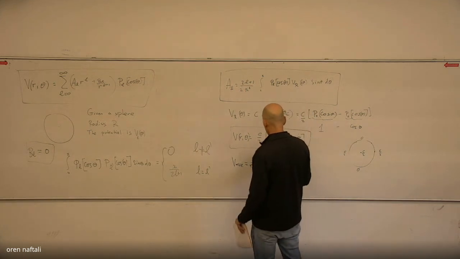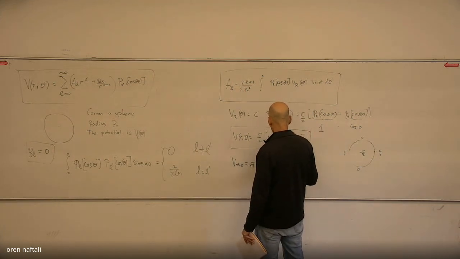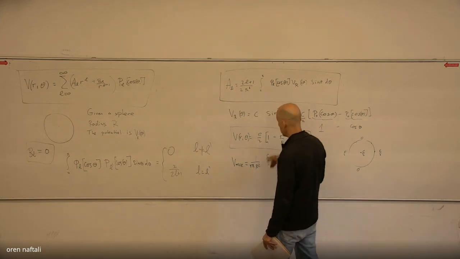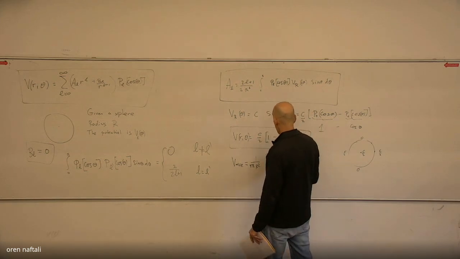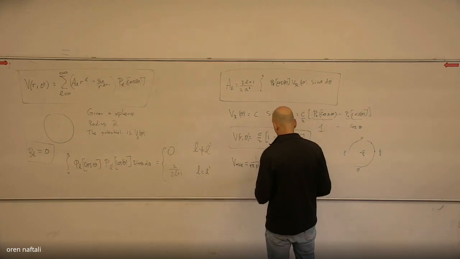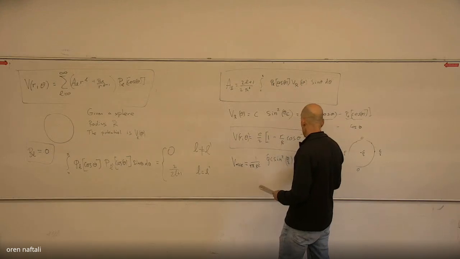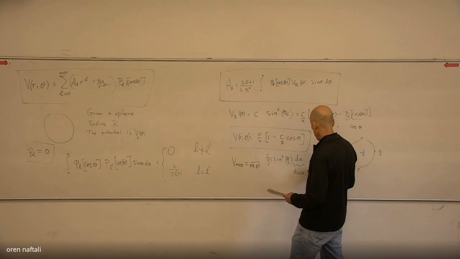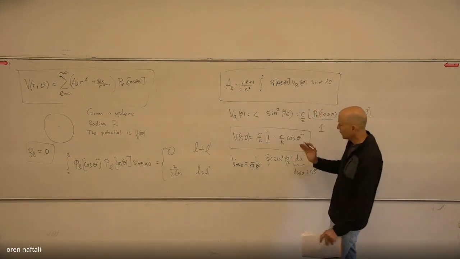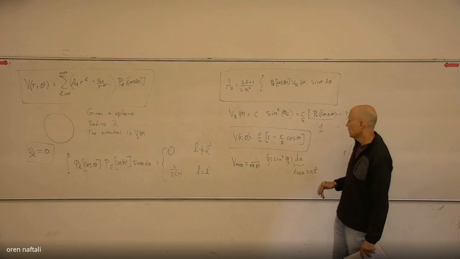So what we need to check is that sine squared theta over 2, this value which is given and is part of the solution, times C dA. What is dA? This is d cosine theta, 2 pi r squared. So I'm integrating over the shell of the sphere.